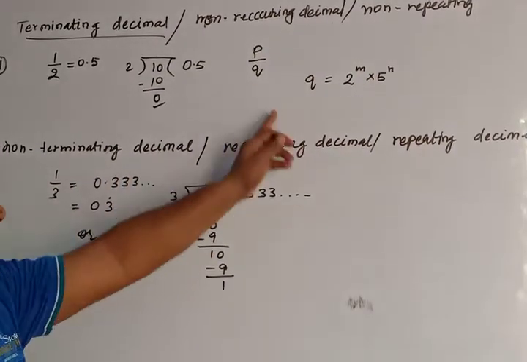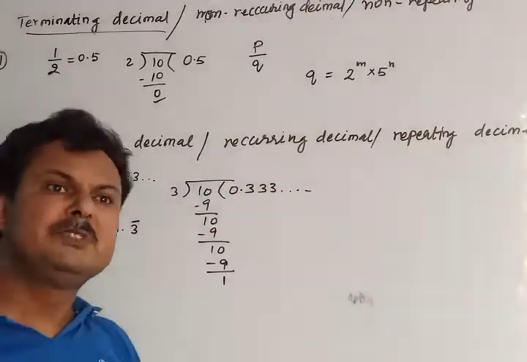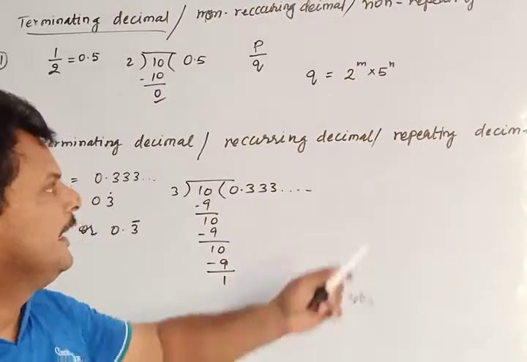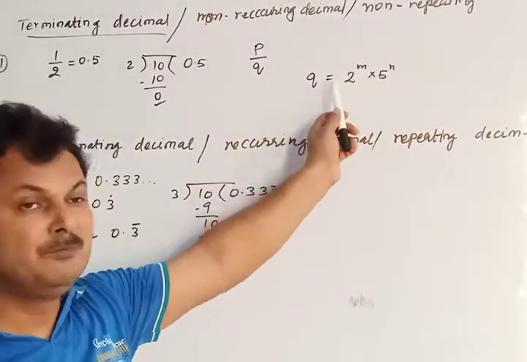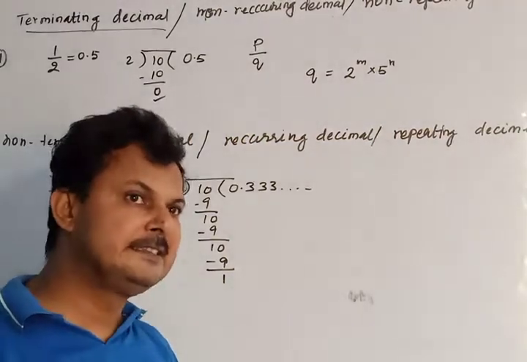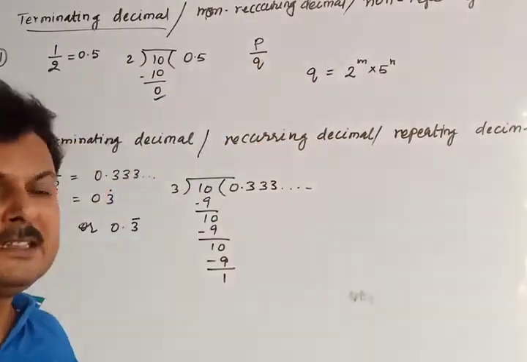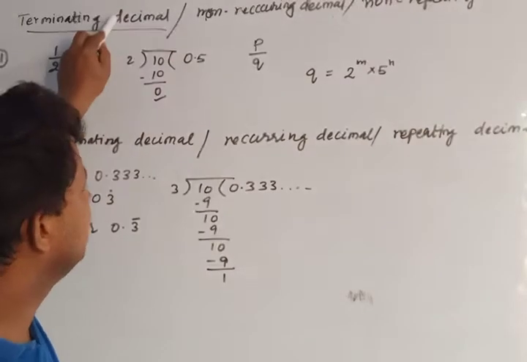It means if you prime factorize q, the denominator of the rational number, and you get only 2 and 5 as prime factors, no other prime factor, then the decimal expansion of that rational number will be terminating.